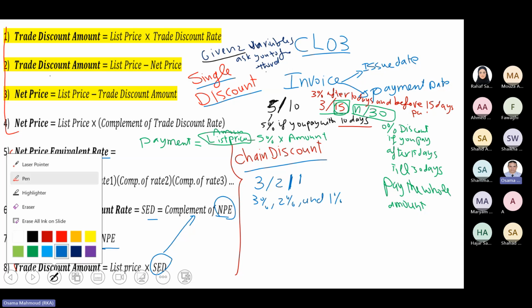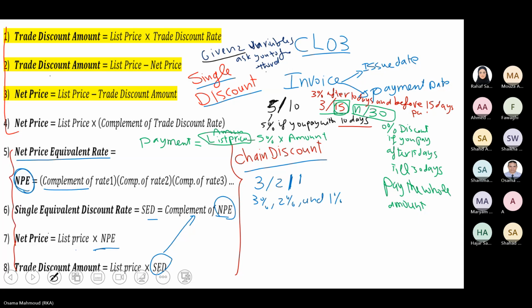If it is written like this one, 5, 3, it means 5% and another 3%, right? It is exactly like this one, but here it means 2%, this is percentage and this is percentage. But in the invoice question, this is percentage and this is days. Catch it?